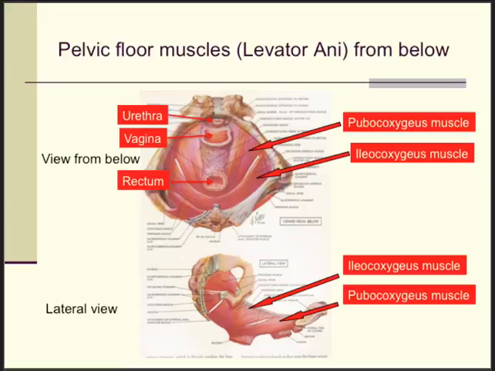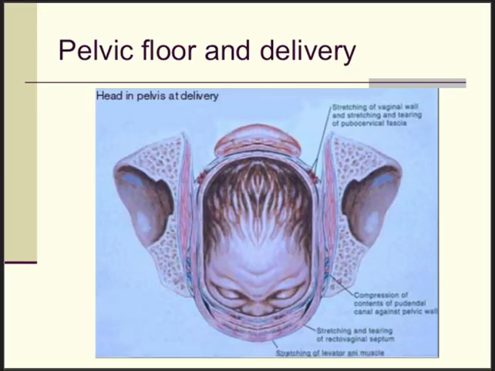During labor and delivery, if the head is about to crown, we can see that the vaginal wall is stretched to the maximum and can tear. The same with the pubocervical fascia here at this part. We can see as well sometimes that compression of the pudendal canal and the pudendal nerve can take place, which can result in temporary damage.